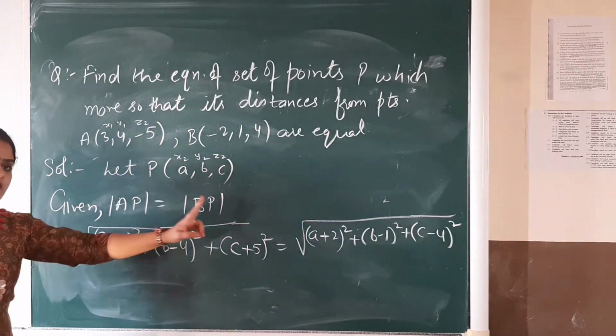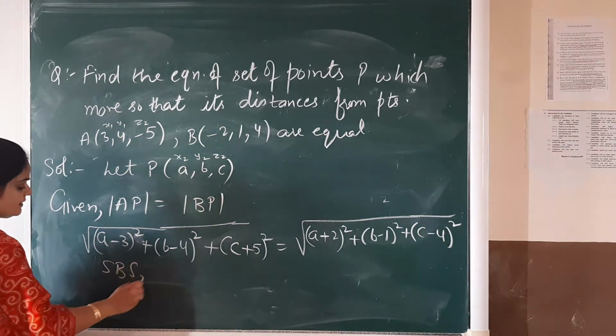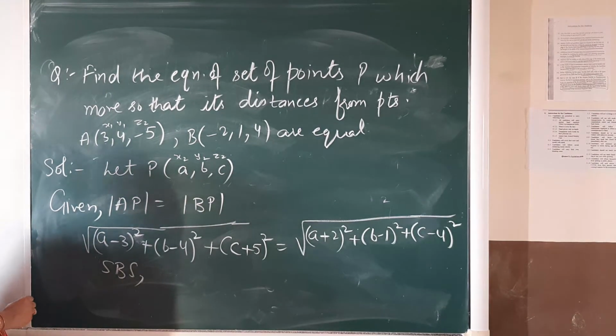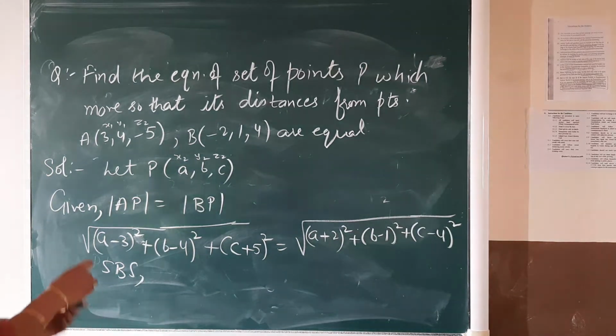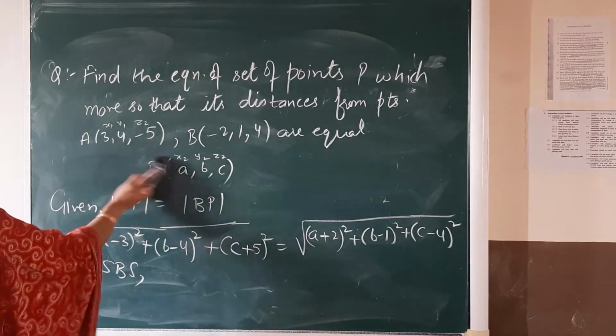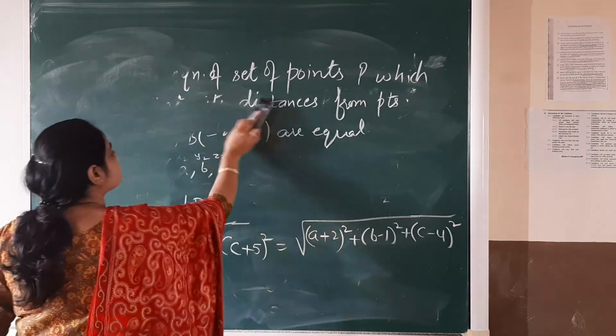Of course, the root is there on both sides, but we are going to square both sides. So after squaring both sides, the root can be cancelled out. Now we need to calculate the equation.